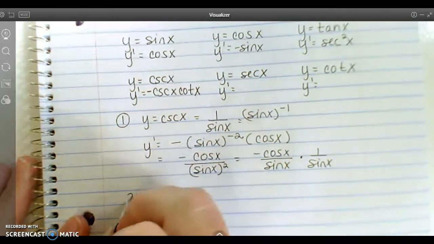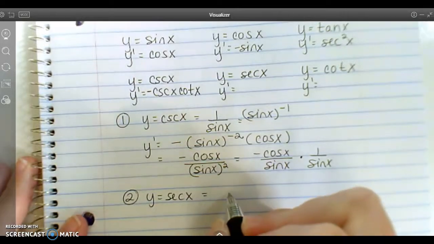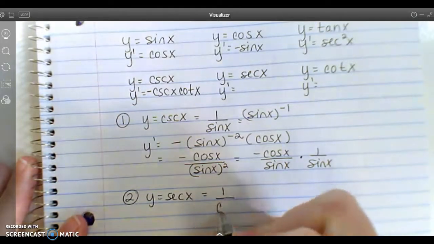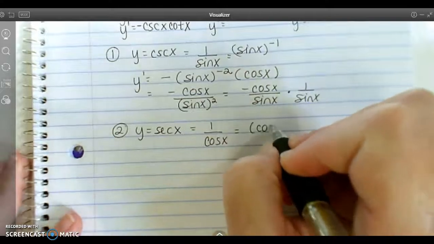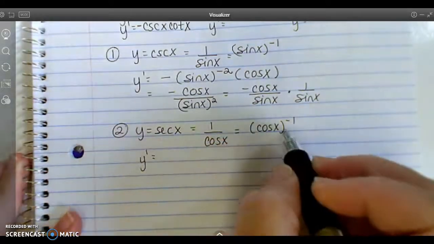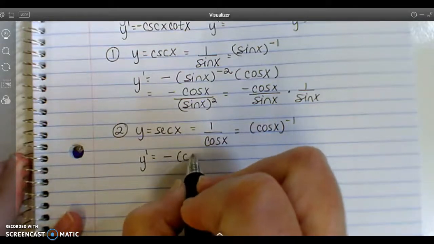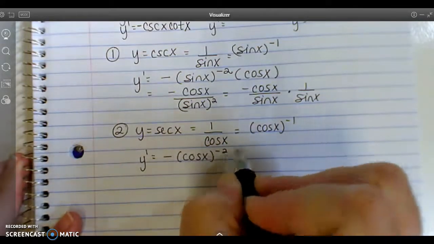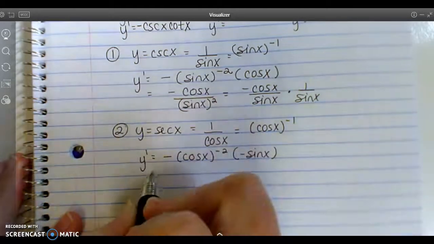Okay, let's look at secant of x. So if you have y equals secant of x, that is the same as 1 over cosine x, or cosine x to the negative 1. Same kind of process, but I think it's good just for you to see the process. So you have that the derivative is negative cosine of x to the negative 2 times the derivative of the inside, which is negative sine of x.